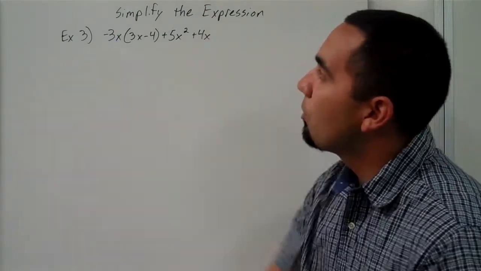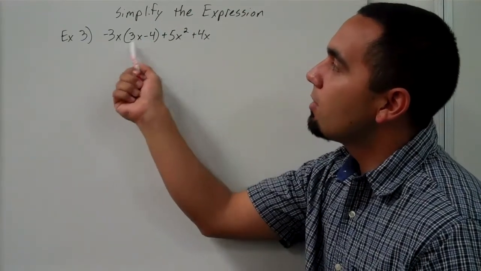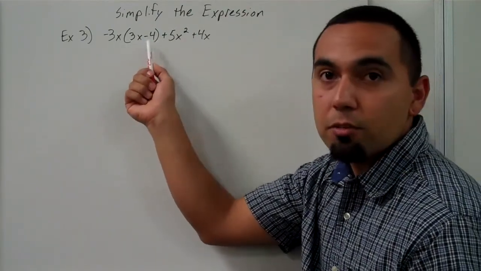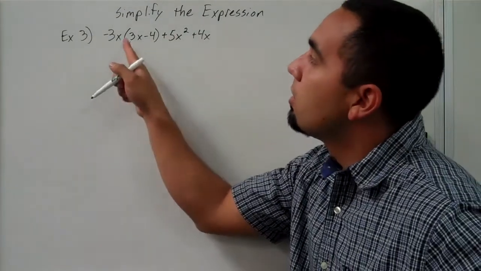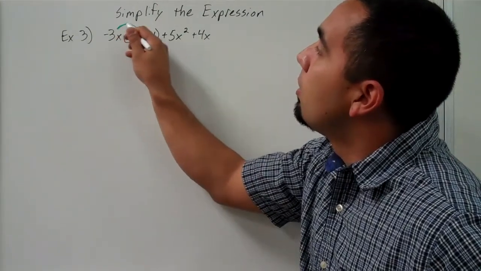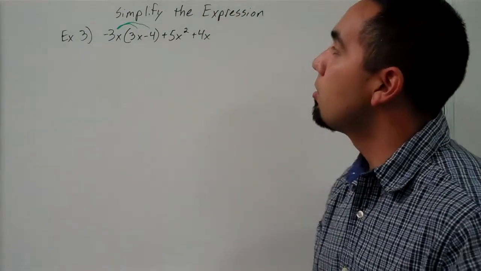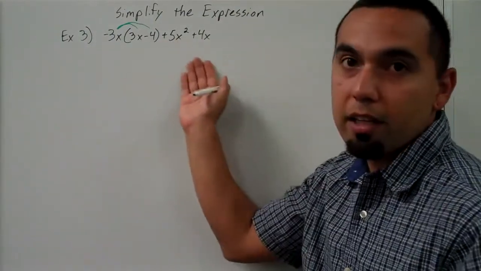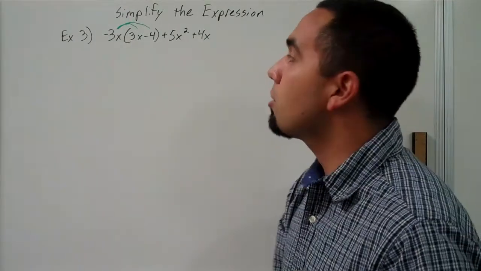So, example 3. Same exact thing, now we have something else in here, something that we just learned, which is the distributive property, right? So distributive property says that I need to multiply that number on the outside times all those, and then combine these, right? Because multiplication always comes before addition and subtraction.